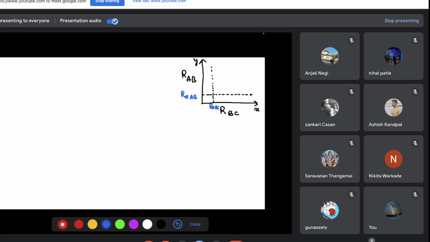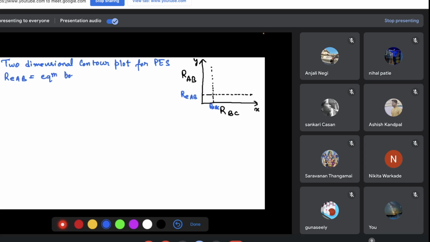So this is a two-dimensional contour plot for the potential energy surface of the reaction, and my R_eq AB corresponds to the equilibrium bond distance of AB molecule.